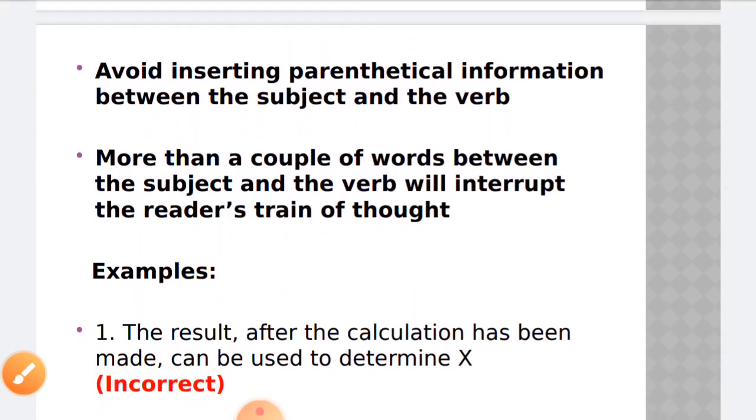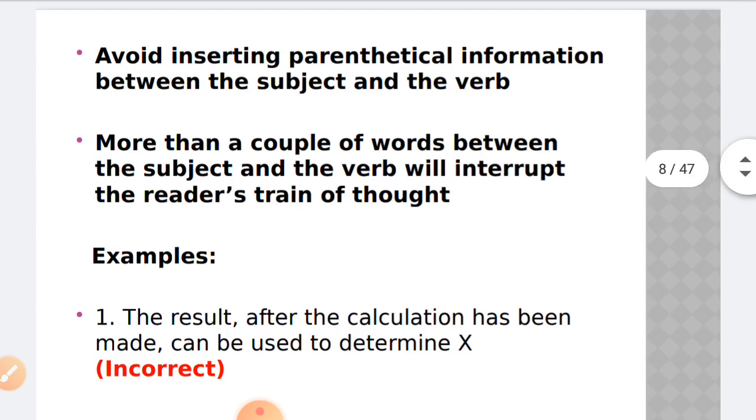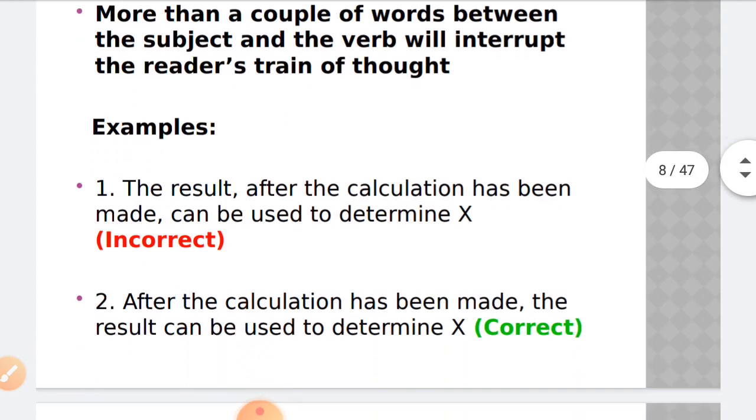Next, avoid inserting parenthetical information between the subject and the verb. More than a couple of words between the subject and the verb will interrupt the reader's train of thought and may confuse the readers. Let us consider these two sentences.